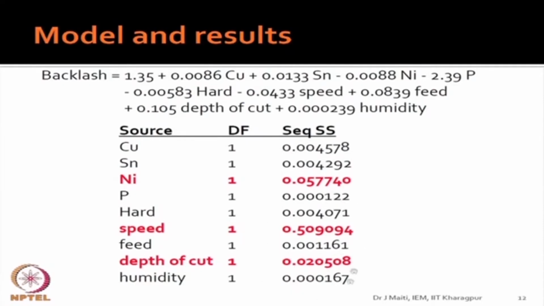Speed is contributing the maximum, 0.509, and divided by 0.60 it is more than 80%. Then it is followed by nickel, then depth of cut. Although the SS contribution of nickel is more than hardness, nickel is not significant, and hardness is significant, because the variability of the estimate for hardness is much lower than that for nickel. Getting me?